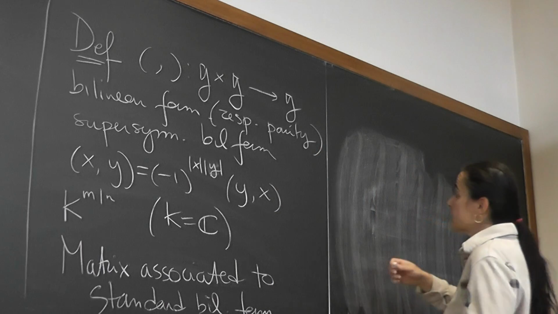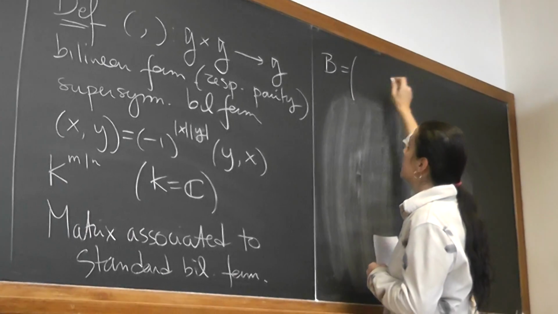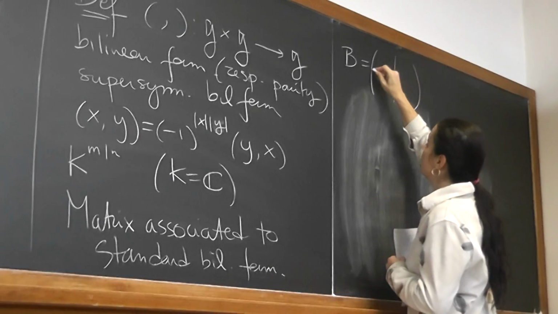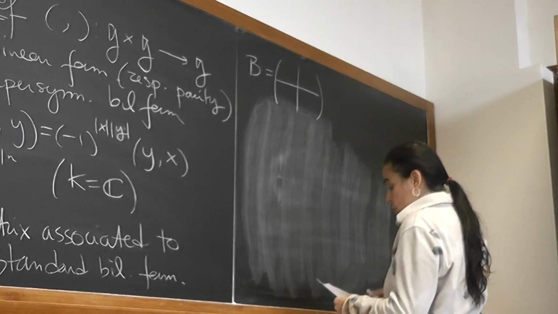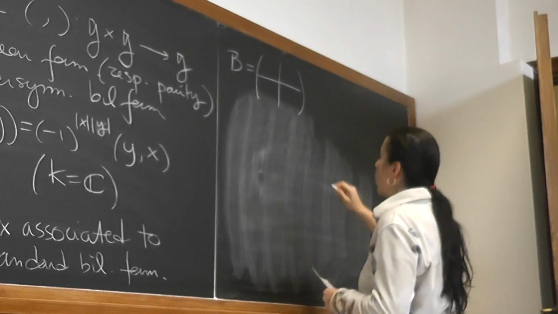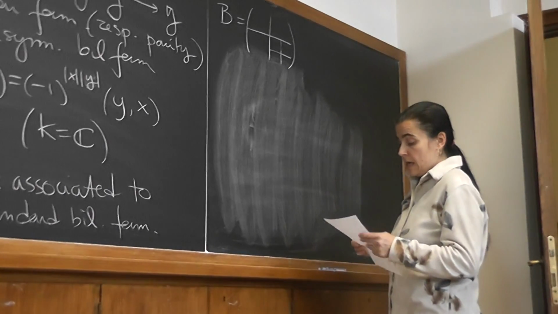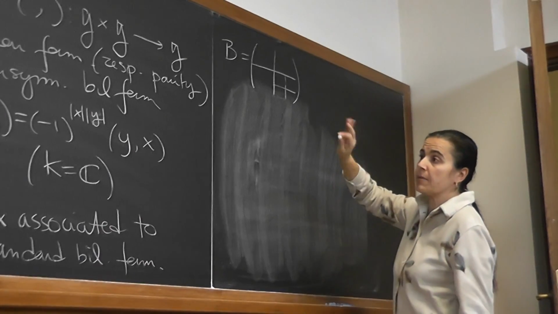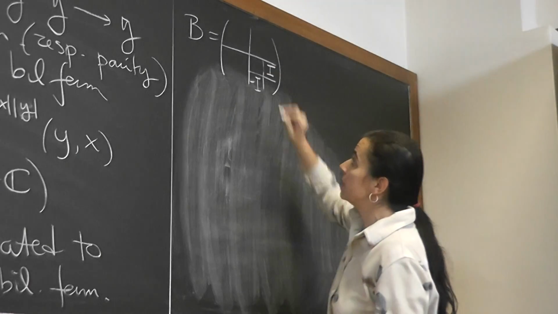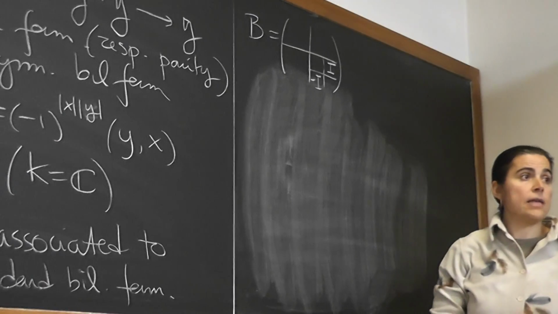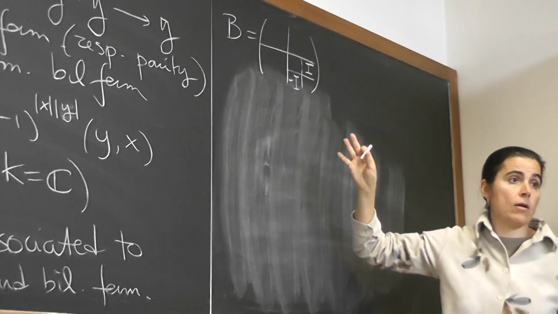So what is the matrix that we associate? We associate the matrix I call B that has this aspect. So in the lower block, we need to take one of these with the minus sign. So we put the identity here and minus the identity here. It's a convention because we could do the other way, put minus and plus.